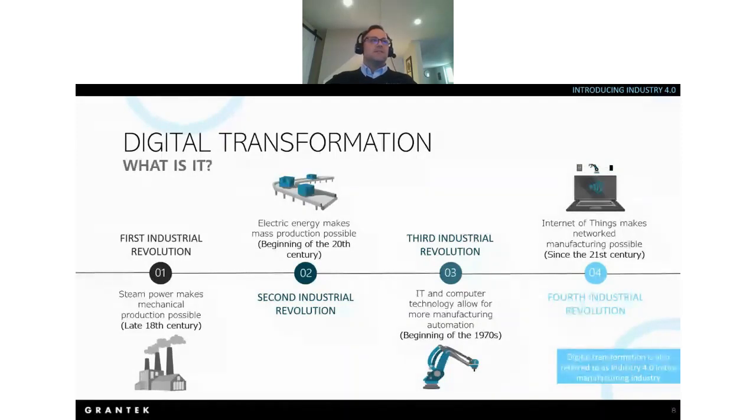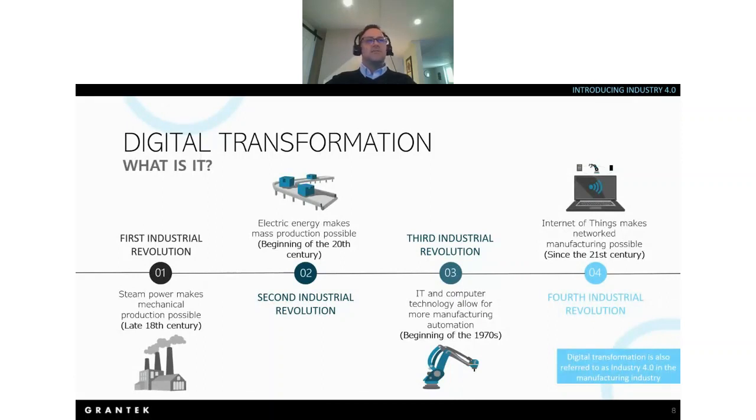The second thing is to keep the speed of digital transformation in mind as we talk about it. What I'm showing on the screen is the timeline for the first, second, and third industrial revolutions. And what you'll notice is that the time frame between industrial revolutions has been decreasing. Walking through that, the first industrial revolution was in the 18th century when we started using steam power.